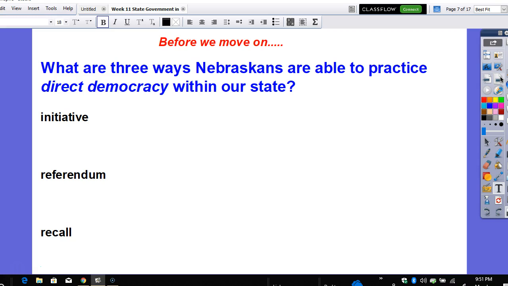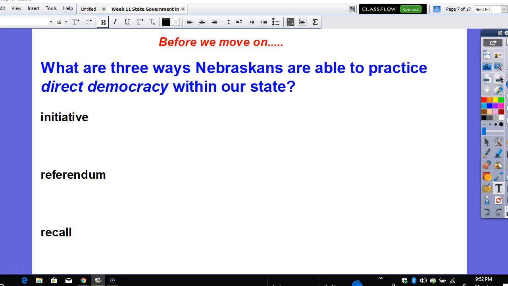So, here's how it works. People who would like to see a state law that the state legislature won't make distribute a petition around the state. And if a certain number of people, and I have to apologize, I can't remember what that percent is, if a certain percent of voters in Nebraska sign that petition, that proposed law will be on the next ballot here in our state.